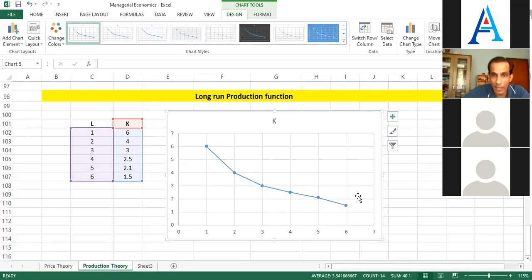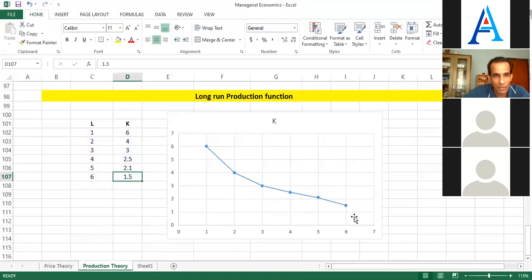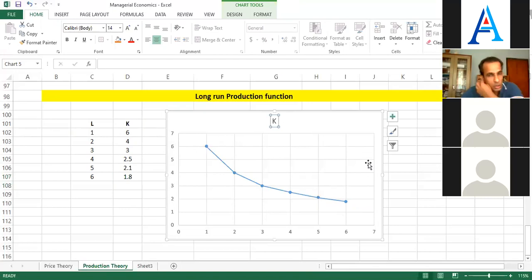Now, what is the nature of this graph? Downward sloping. And what is the special feature of this curve?